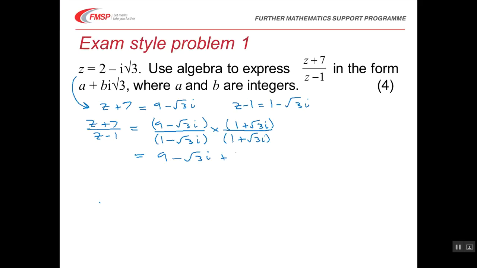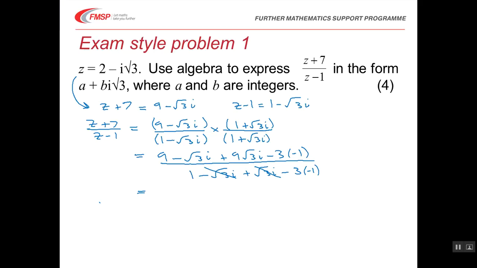We get 9 times root 3i, and minus root 3i times root 3i is minus 3 times i squared. Be careful with the denominator. There's 1 times 1, there's minus root 3i, there's plus root 3i, and there's minus 3 times i squared, which is minus 1. Again, we are expecting the imaginary parts to cancel out.